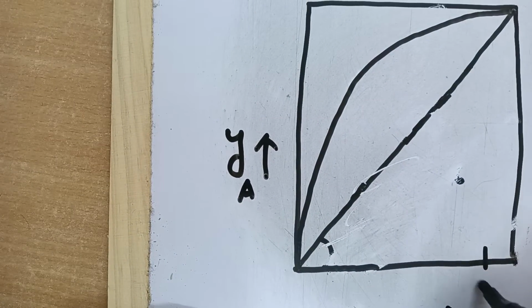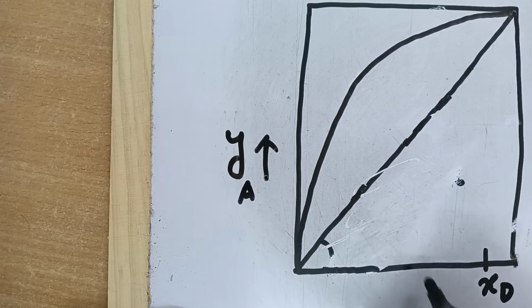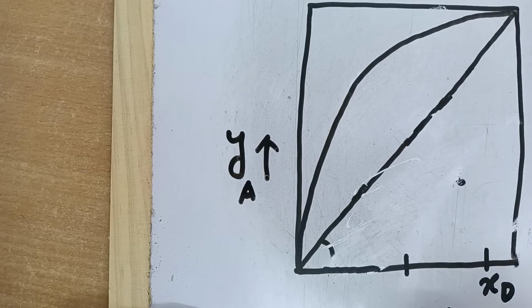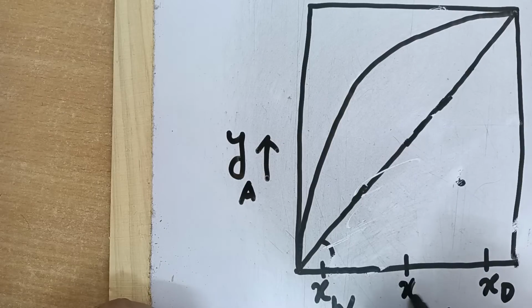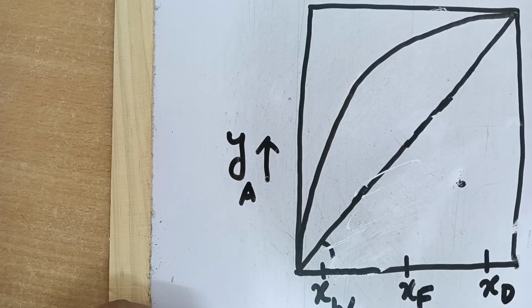To draw the enriching section operating line, we have to locate the XD point, which corresponds to the percentage purity of component A in the distillate, and then locate the bottom product composition of A and the feed composition XF.